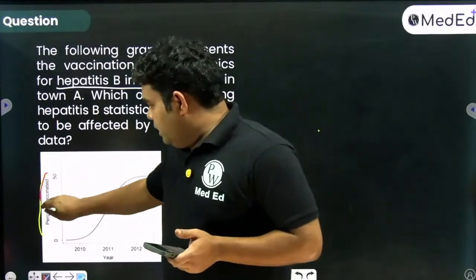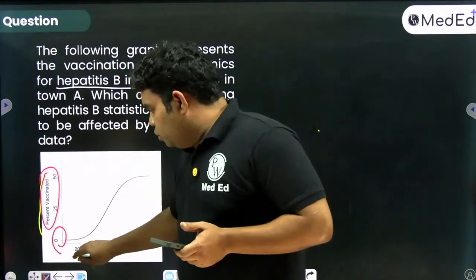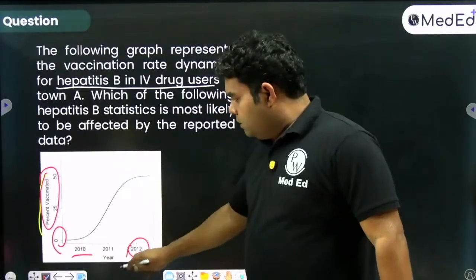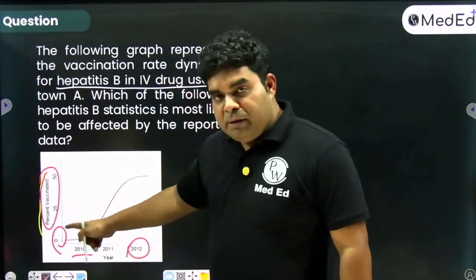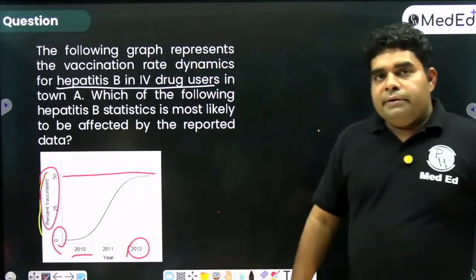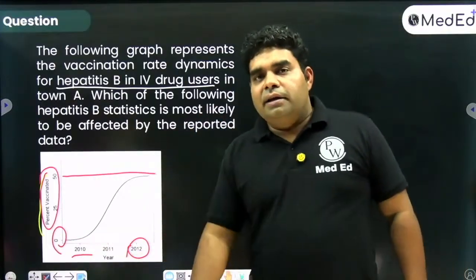So in the initial time, vaccinated people were 0 in 2010. But within the next 2 years, the vaccinated people increased to 50%. So what we are doing, we are increasing the vaccination rate in a population.